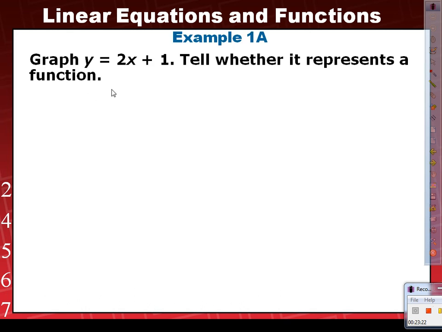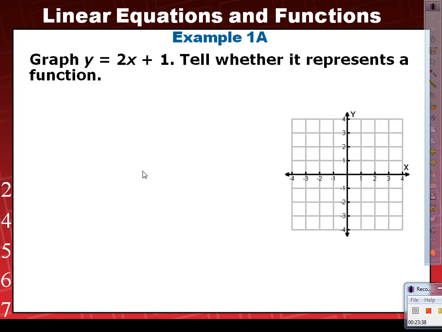So, get the graph paper in front of you and get the big graph paper. At the top left, I want you to write example 1A, and write the instructions: graph y equals 2x plus 1 and tell whether it represents a function.